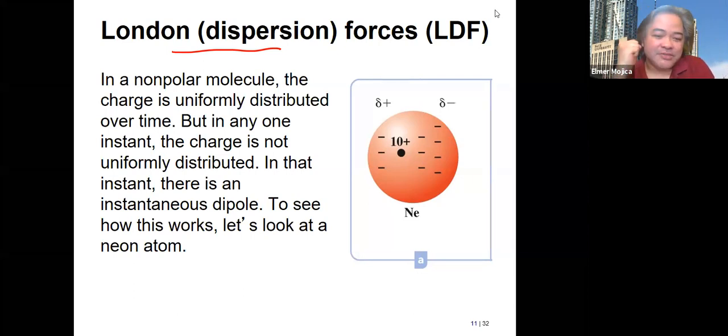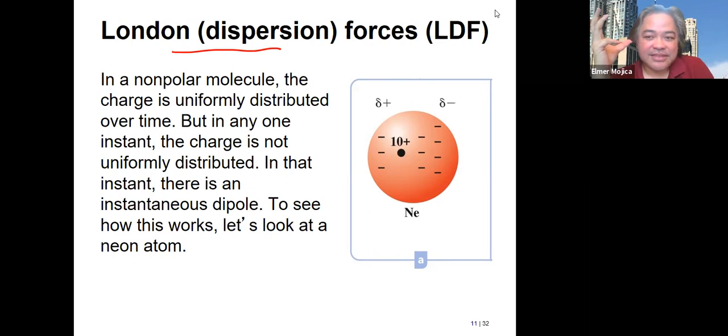Now, there are some chances that in its movement, the symmetry that it has is compromised. So what happened? In any instant, the charge will become unevenly distributed. And in that case, there would be an instantaneous dipole.